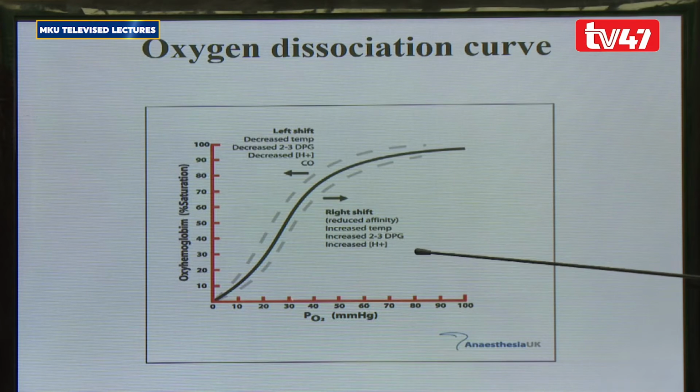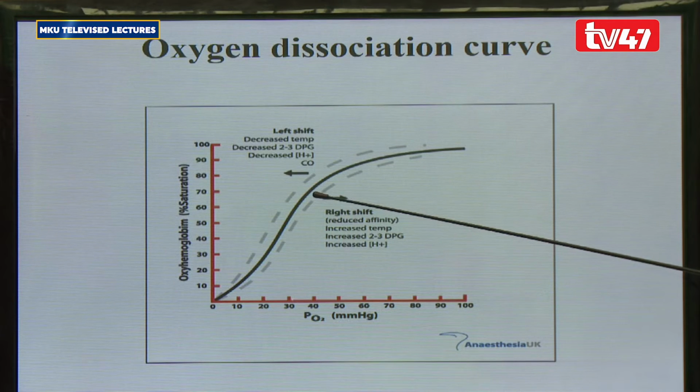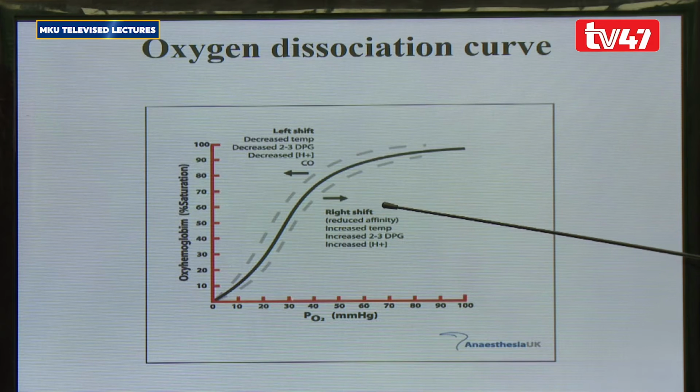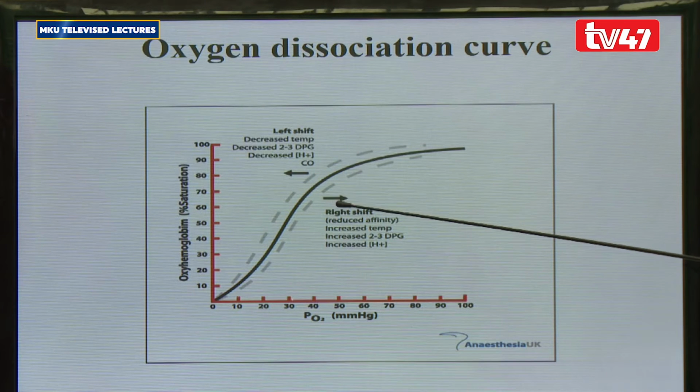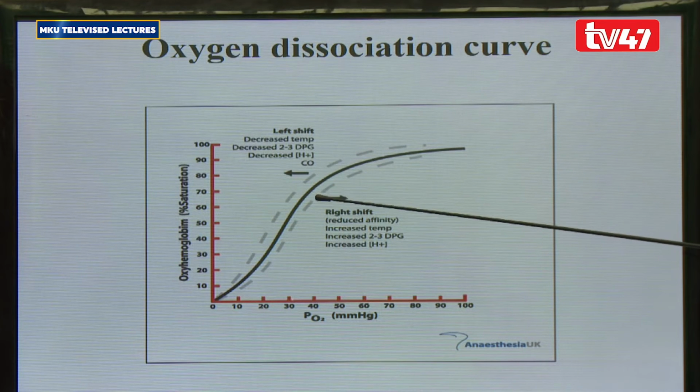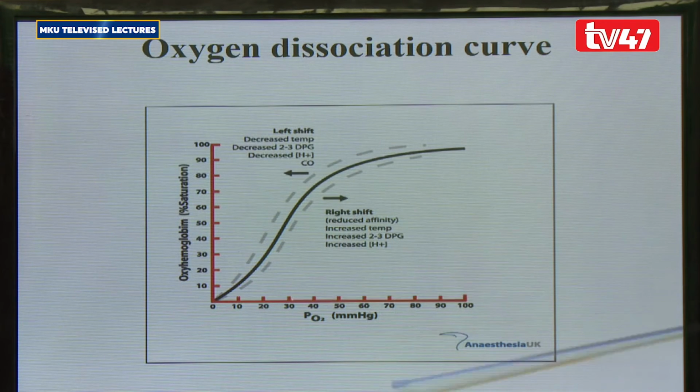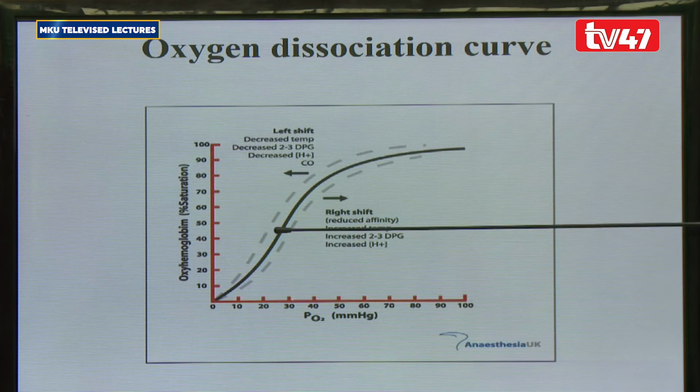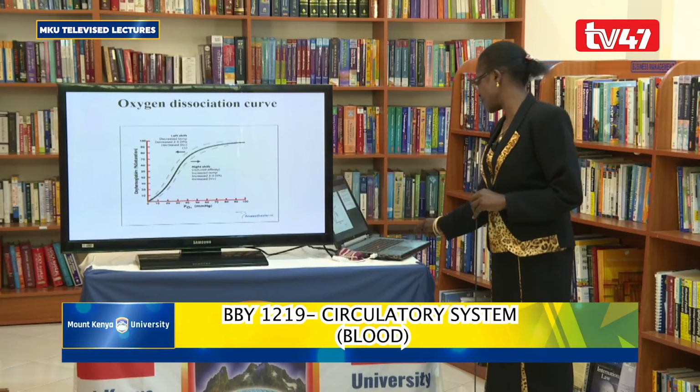Too much carbon dioxide will cause the curve to shift to the right, and that means the hemoglobin will take up less oxygen. Less carbon dioxide, and the curve will shift to the left, which means the hemoglobin will take up more oxygen. So that curve quickly demonstrates the high affinity of hemoglobin for oxygen gas.